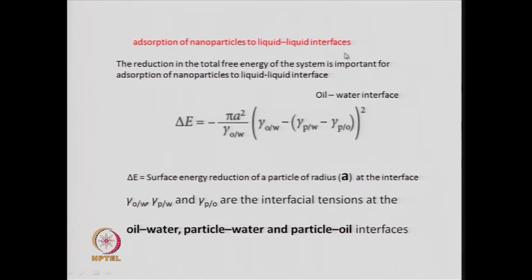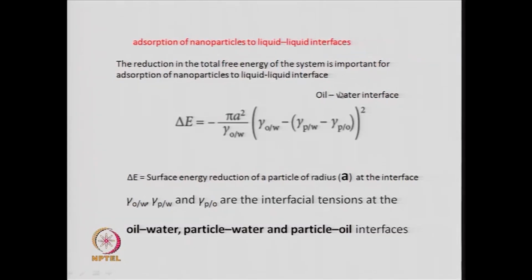So, two liquids, and then how we can adsorb nanoparticles at that interface to form an assembly of nanoparticles. So, in this case, the free energy of the system reduces. The reduction in the total free energy of the system is important for the adsorption. So, whenever adsorption occurs at this interface, it should lower the free energy of the system.